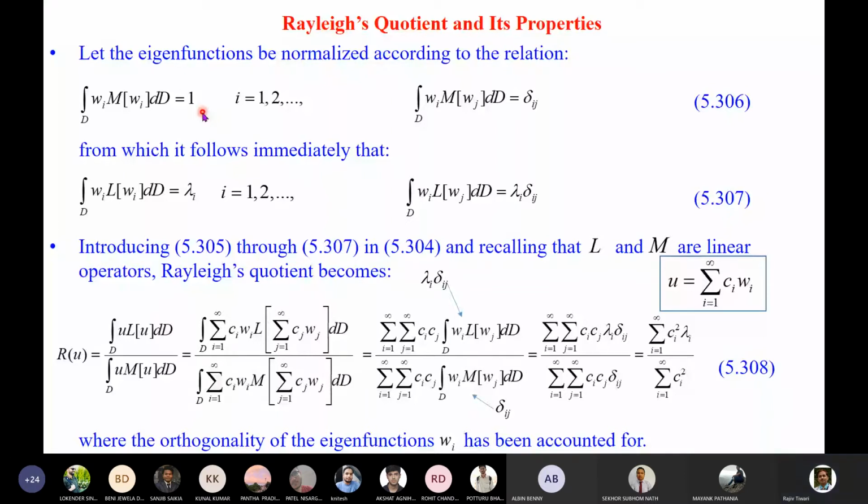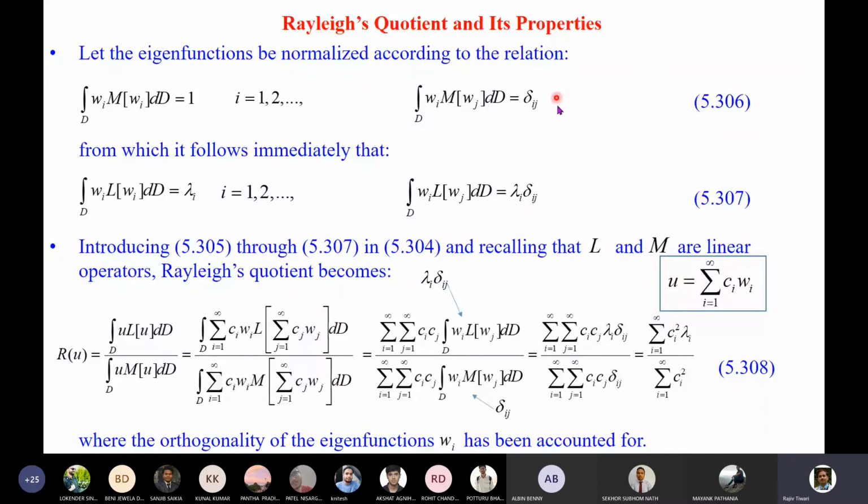And if wi and wj are different, then this will be 0, and that we represented by the Kronecker delta ij. The property of this is that when i is equal to j, its value is 1. So that is satisfying this. If i and j are not equal, then this will be 0. So that is the orthogonality condition.